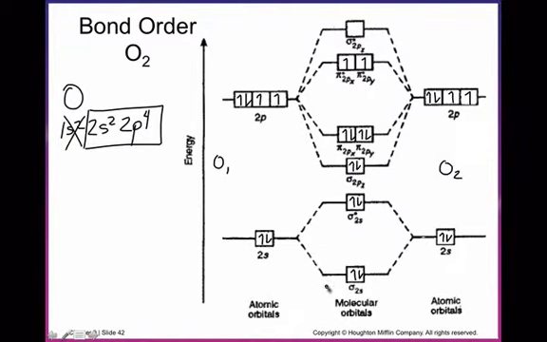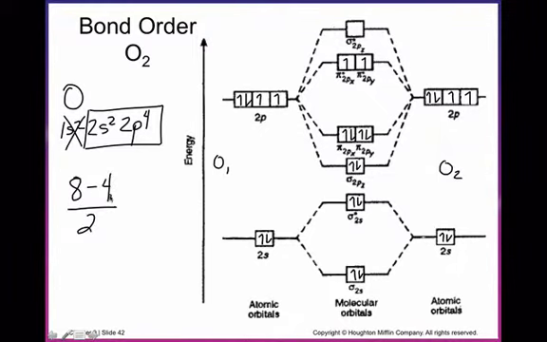Then the next thing I want to do is calculate my bond order. I want to take all my bonding electrons, so anything that does not have a star: 2, 4, 6, 8. So I have 8 bonding electrons. I want to subtract the antibonding, so there's 1, 2, 3, 4, and I want to divide by 2.